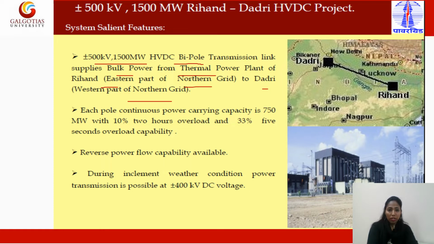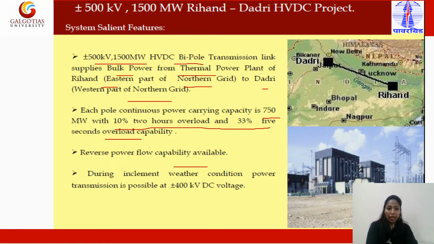So this power is transmitted from grid to grid. Each pole has a power carrying capacity of 750 megawatt with 10% 2-hour overload and 33% 5-second overload capability. The reverse power flow capability is also available in this project.